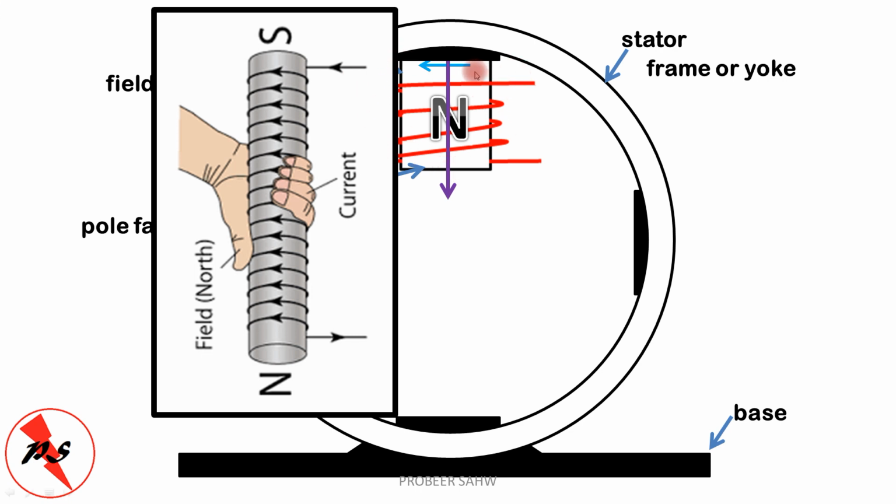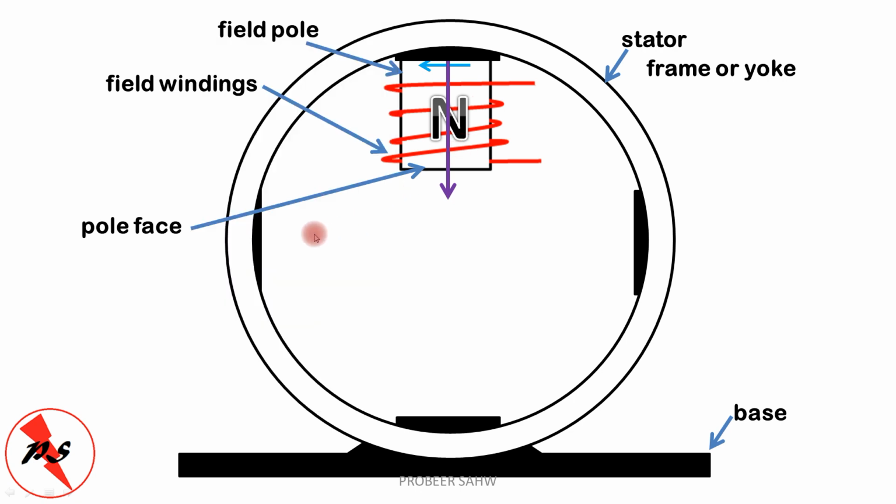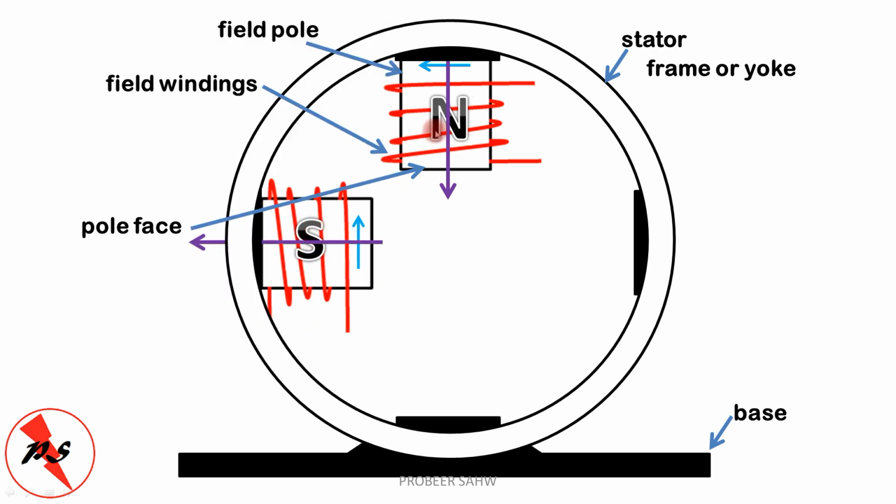So this is the north pole. Look, this is the direction of current. According to the right hand thumb rule, this is the direction of current, and then the direction of the thumb will point to the north pole direction. So this is the north pole. We can have another pole here. Now after north, we must create a south pole here. Therefore the windings go like this and the current through these windings is in this direction.